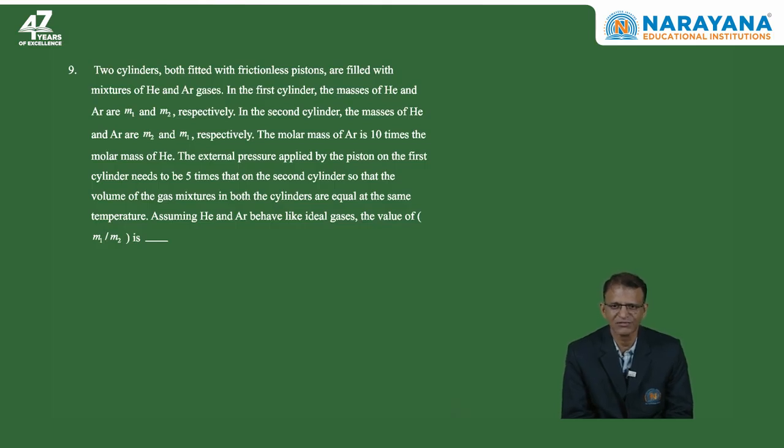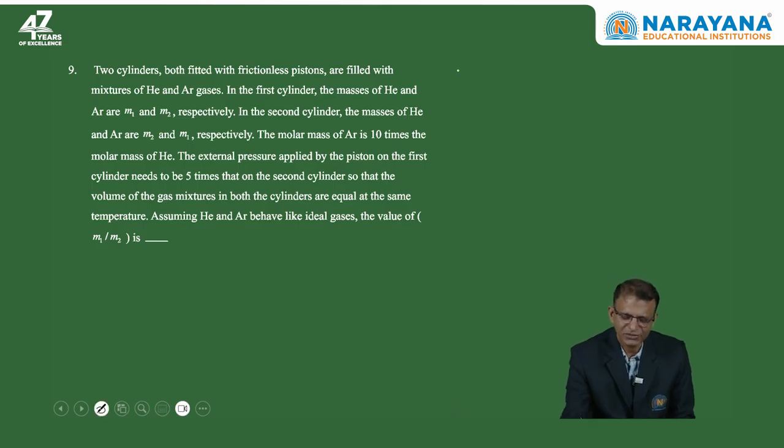So the masses of the gas are interchanged. The molar mass of argon is 10 times the molar mass of helium. The external pressure applied by the piston on the first cylinder needs to be 5 times that of the second cylinder so that the volume of gaseous mixtures in both the cylinders are equal at the same temperature. Assuming helium and argon behave like ideal gases, find the value of m1 upon m2.